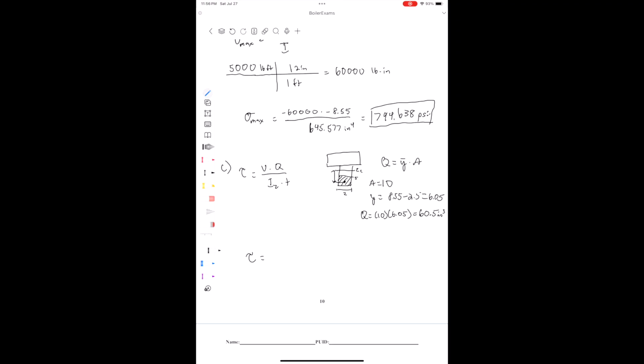So tau equals 1,000 pounds times 60.5 inches cubed over 645.577 inches fourth times 2 inches, because remember our thickness of our cross section in this case is 2.